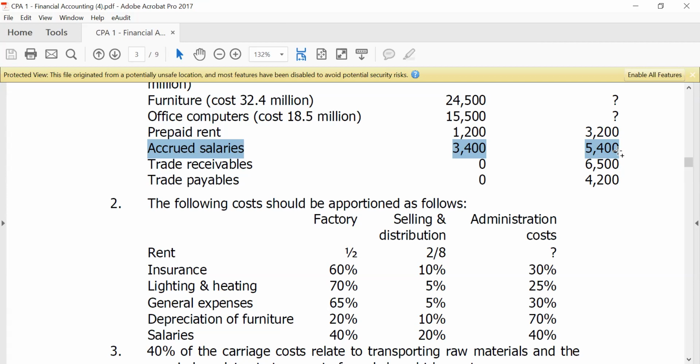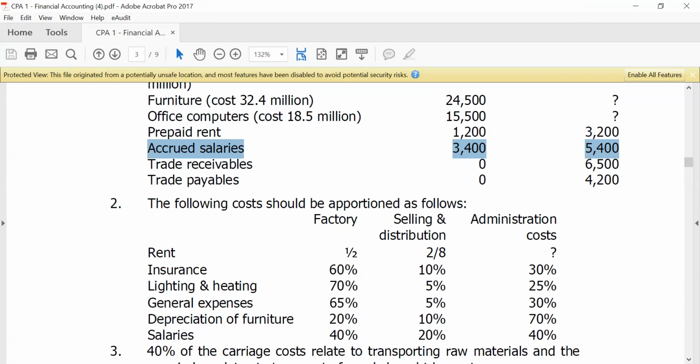So before we distribute the salaries figure that we have in the cash book, we have to find the actual total salaries figure to consider for the period. So that is what I'm going to do.